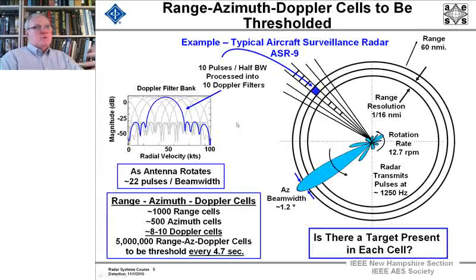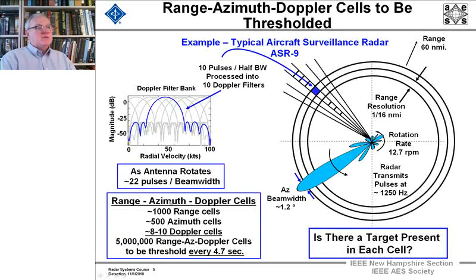So we're going to have input in the time domain, and a set of 10 different sets of weights that will multiply the complex returns, the in-phase and the quadrature, the I and the Q, the real and the imaginary part, twice at 2 different pulse repetition rates to deal with a Doppler ambiguity problem, which I'll discuss. So we have 22 pulses per beam width.